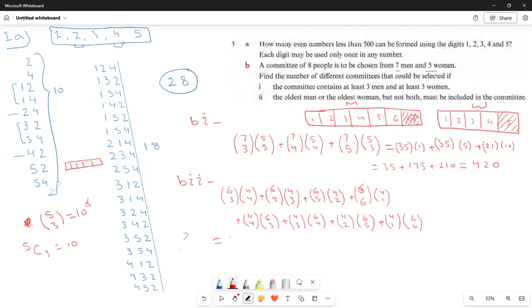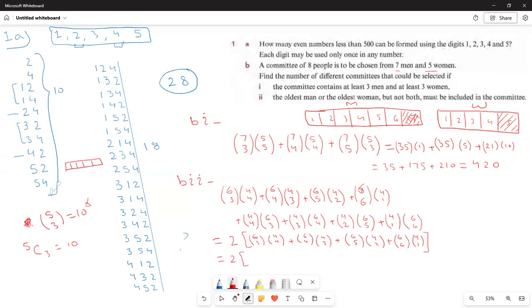So I can do the following: 2 times 6 combination 3 and 4 combination 4, plus 6 combination 4 and 4 combination 3, plus 6 combination 5 and 4 combination 2, plus 6 combination 6 and 4 combination 1. So I don't have to calculate all this again, since it is counted twice.